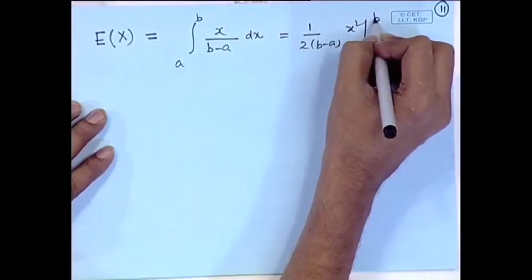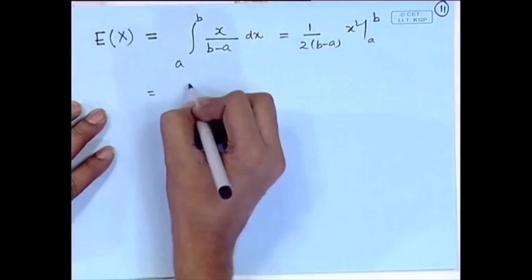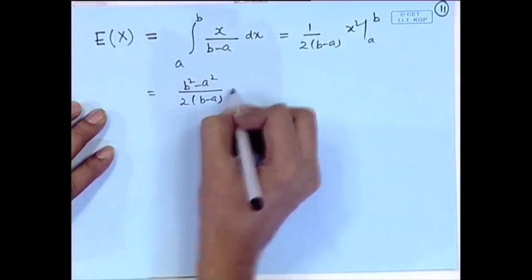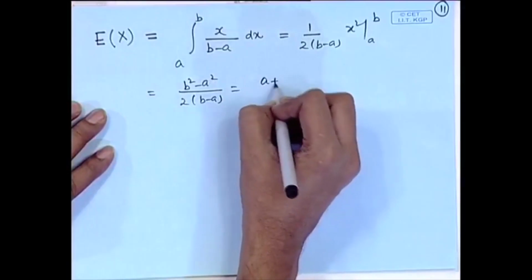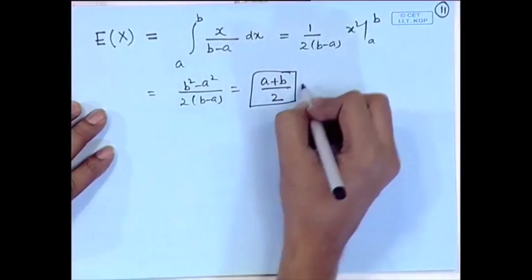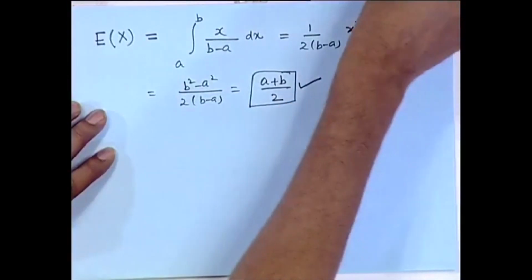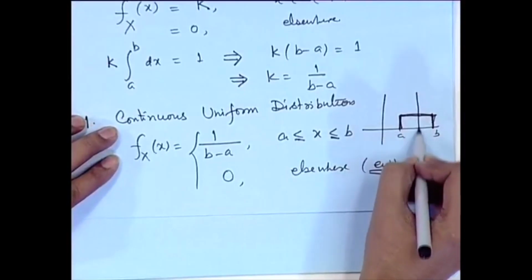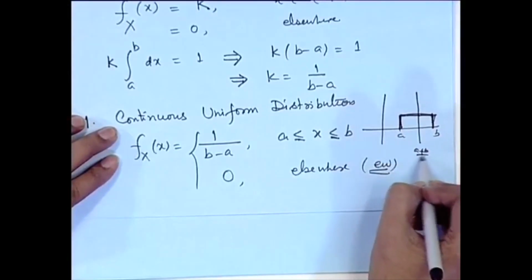So, that gives us b square minus a square divided by twice b minus a, that is equal to b plus a by 2. You can easily see that it is the midpoint of the distribution, which is understandable because the density is constant and therefore, the average value must be the midpoint.